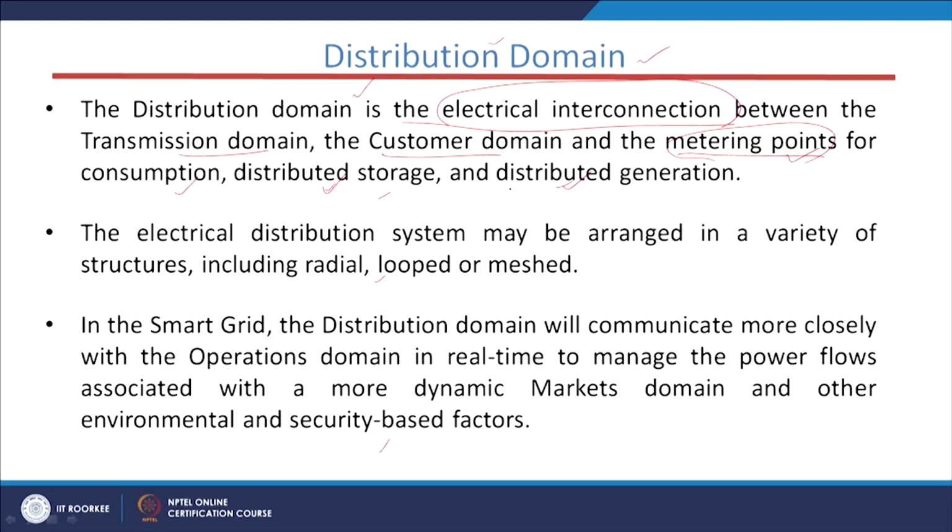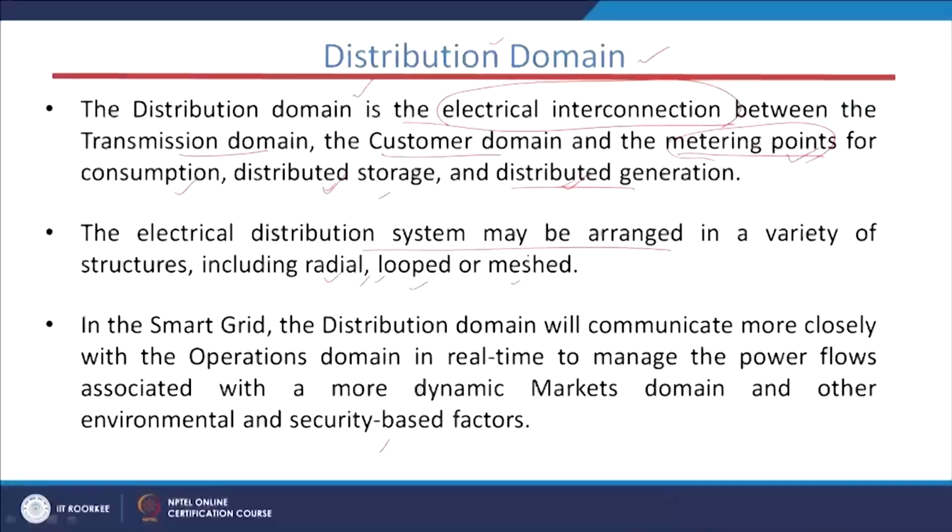Distributed generation is nothing but our renewable sources, that is a solar system, wind system, fuel cell system, or small hydro and micro hydro systems. Those distributed generation metering systems are also well connected with the help of this distribution domain.